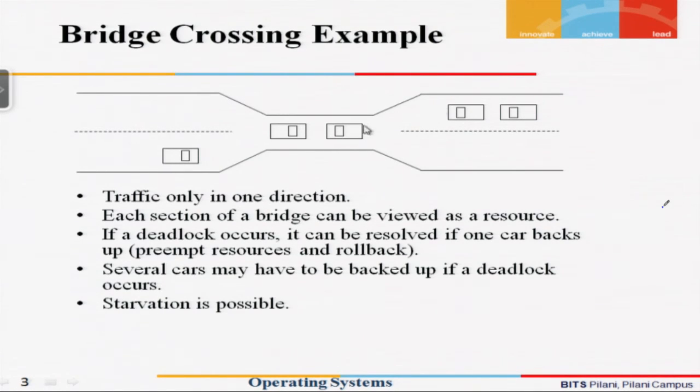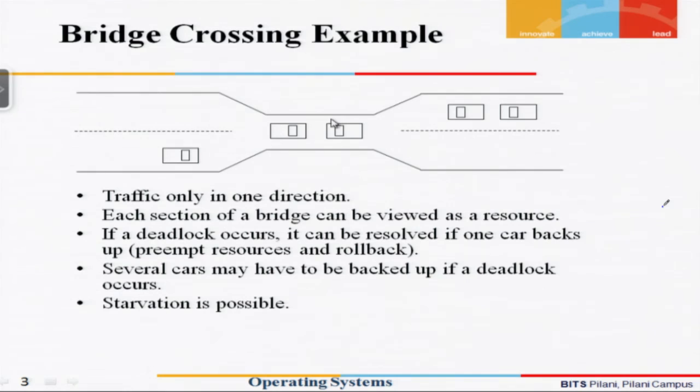So actually we should see that this particular vehicle is occupying a resource and trying to acquire another resource. So now this vehicle comes from this side and it stays here, and this vehicle comes from this side and it stays here.